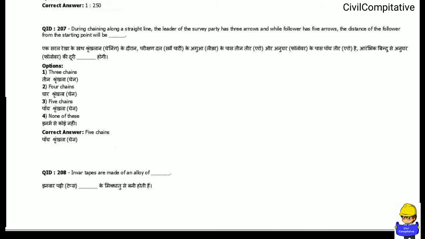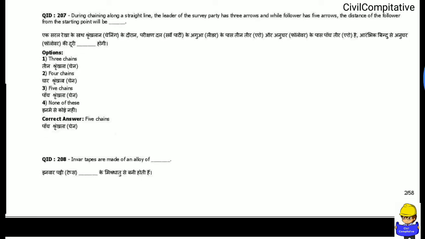The leader has 3 arrows and the follower has 5 arrows. That means 5 arrows had been plugged by the follower, so we have a distance of 5 chains.